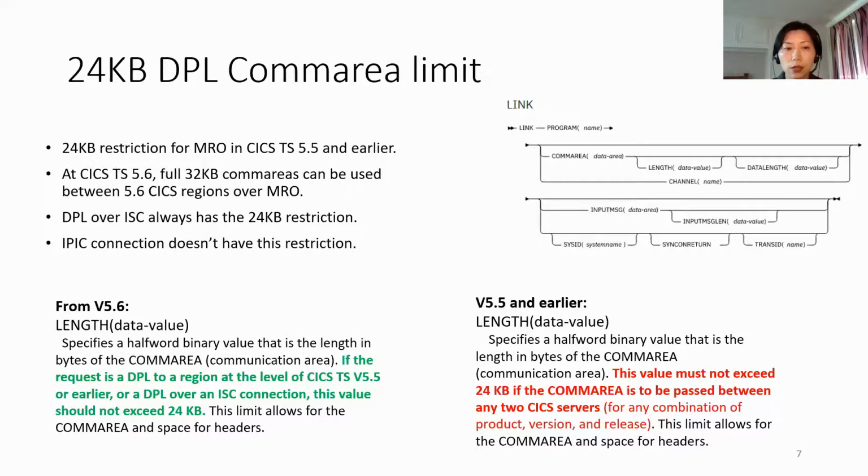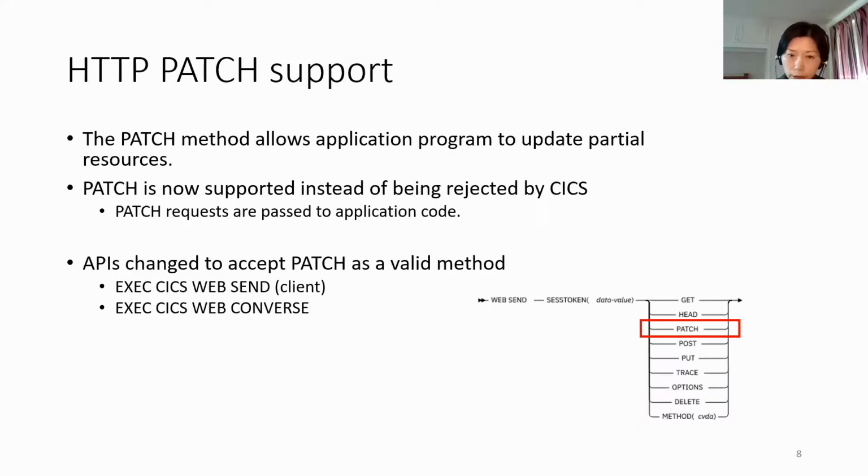So why is that? Commarea is a 32 kilobyte area. When CICS needs to communicate with another CICS region, it needs to, for example, create the distributed identities, ICRX, so you need to make use of some part of the Commarea.